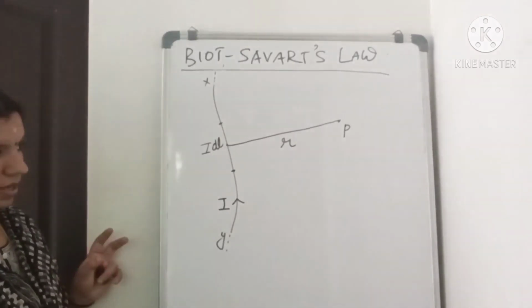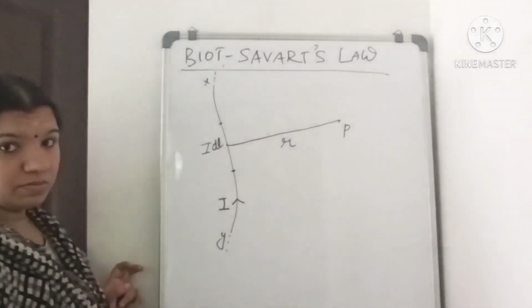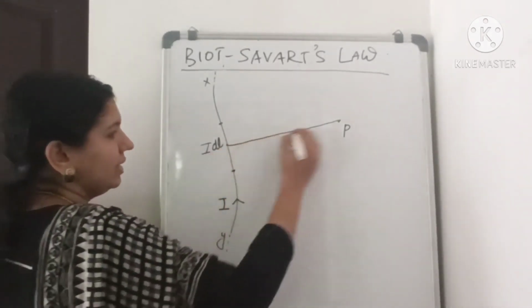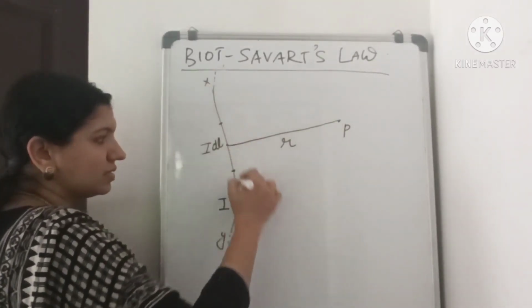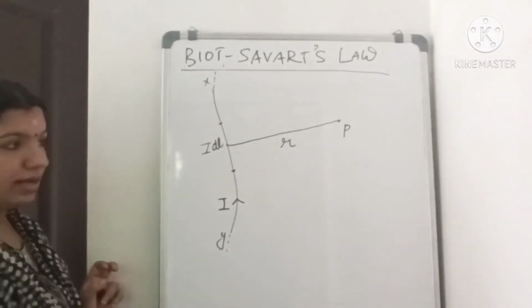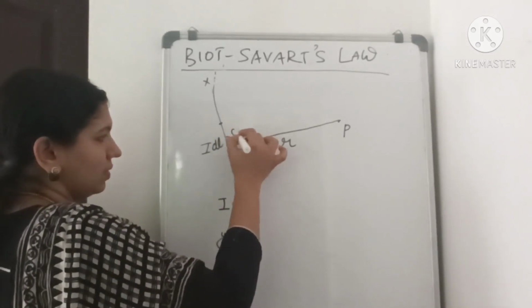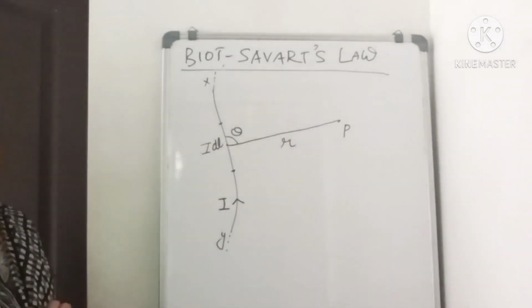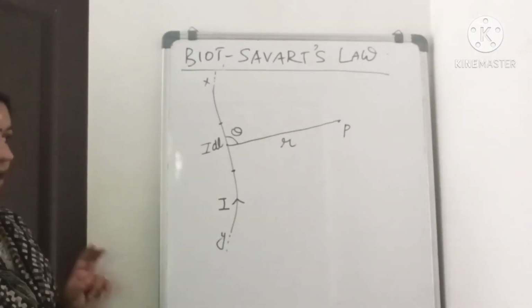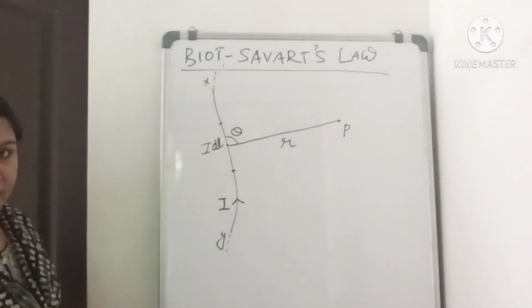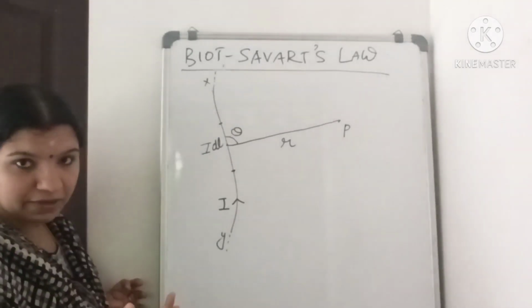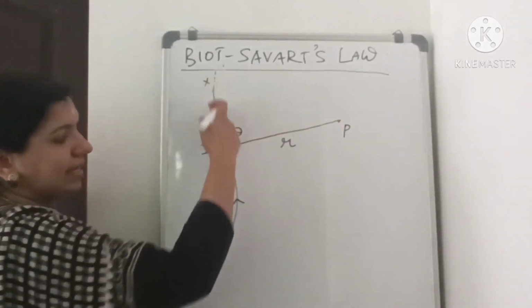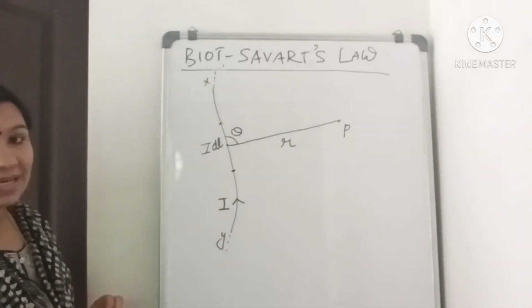Clear for you? Now the angle between the line and this current carrying wire is taken as theta.